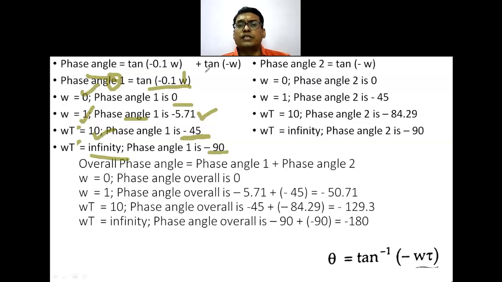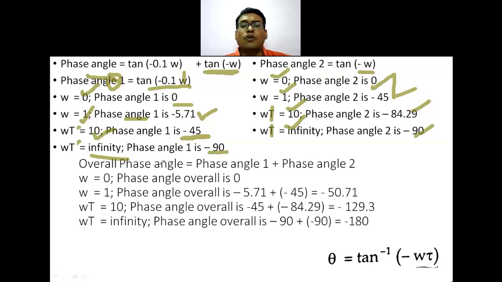Now for the second function, tan inverse of minus omega. So substituting omega equal to 0, omega equal to 1, omega equal to 10 and omega equal to infinity, phase angle 2 comes as 0, minus 45, minus 84 and minus 90.